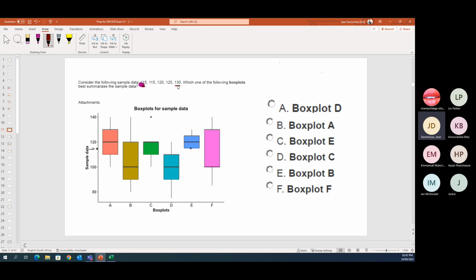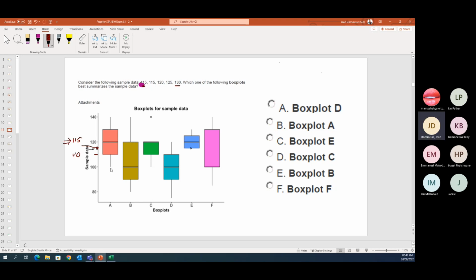So what I normally do is I look at the data. So 100, 120, so somewhere here is probably 110. Then in between those is probably 115. Okay, so that's my minimum value that we have.